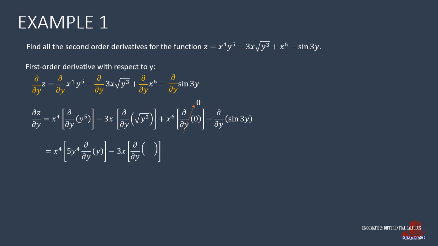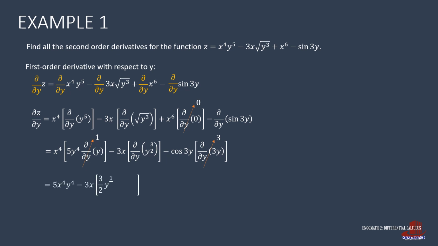Work further on the derivative to get x raised to 4 times 5y raised to 4 times dy over dy, minus 3x times the derivative of y raised to 3 halves, minus cosine of 3y times the derivative of 3y. dy over dy is 1, so the derivative of 3y with respect to y is 3.